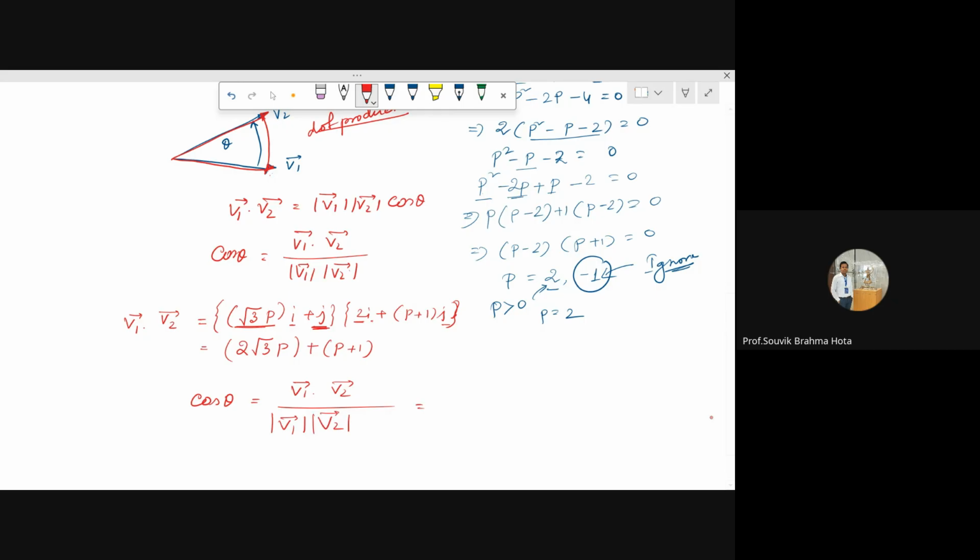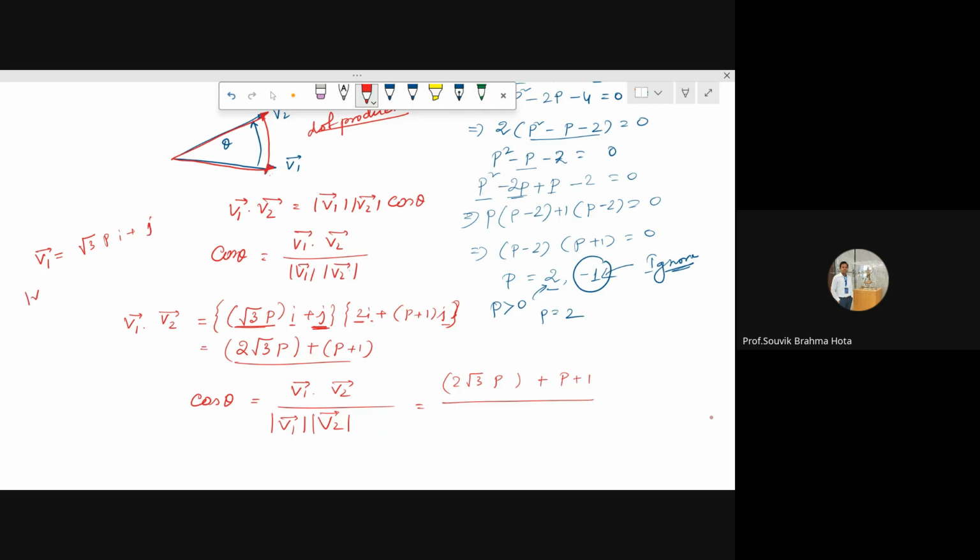Now the dot product we already got, 2 root 3p plus p plus 1, divided by the mod values, v1 mod and v2 mod. So v1 vector was given as root 3p i plus j.